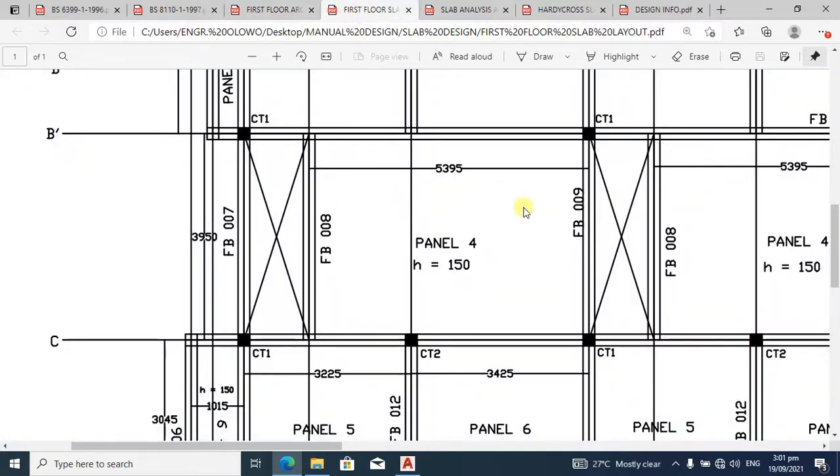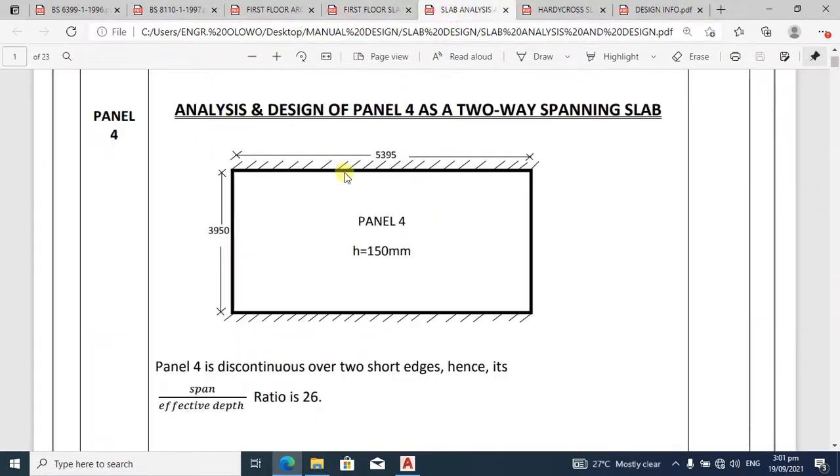So now let's go into the design. The first thing we are going to do is to extract this panel, and we are going to have something like this. Therefore, the long span of panel 4 is 5395 millimeter, and the short span, or you say the shorter side of panel 4, is 3950 millimeter.